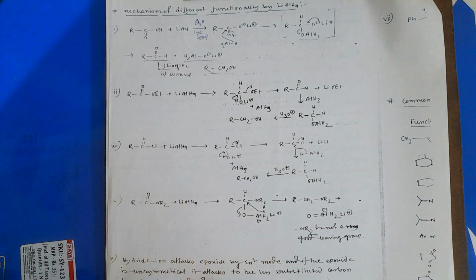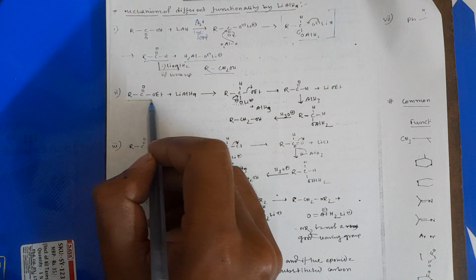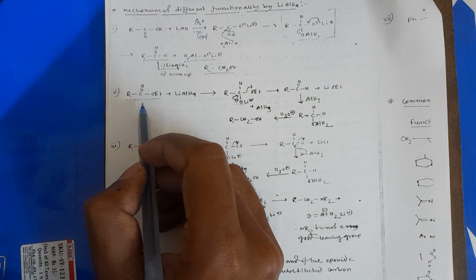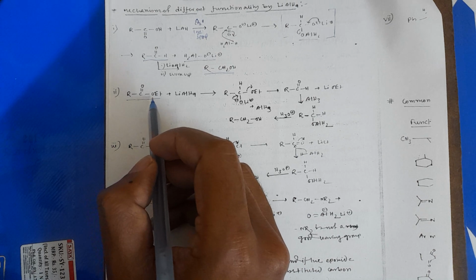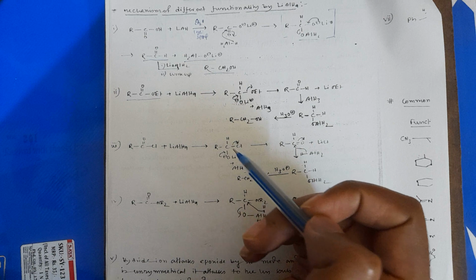Now if you take an ester compound, so this is the general structure of an ester. If you treat this ester in presence of lithium aluminum hydride, what will be the result?